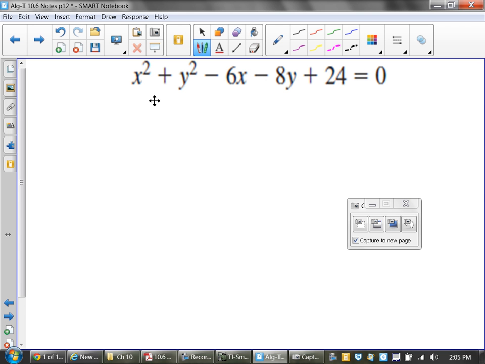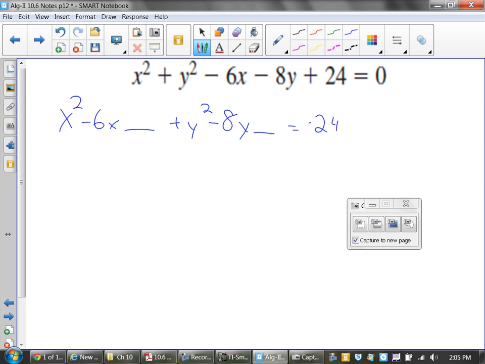I'm going to combine the x terms together, the y terms together, and move the constant to the other side, just like we were working on last week. So we have x squared minus 6x blank, y squared minus 8y blank, equals negative 24.